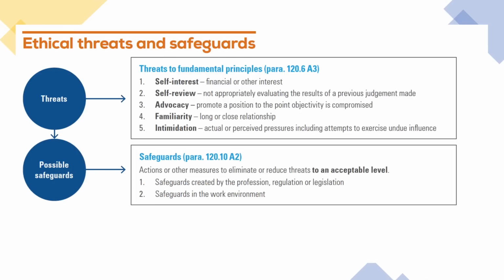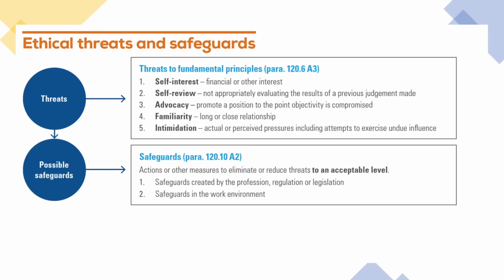These are the five categories: self-interest, which can be financial or any other interest; self-review, where someone does not appropriately evaluate the results of a previous judgment, so if someone reviews his own work, he could not review it as another person would. Advocacy, promoting a position to the point that objectivity is compromised.